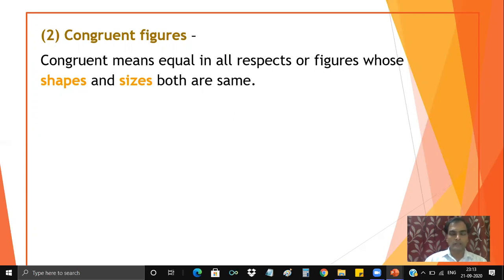If there are any two congruent figures, the shape must be the same as well as the size of both the figures. Any two figures having the same shape and same size are congruent figures. Very important concept.